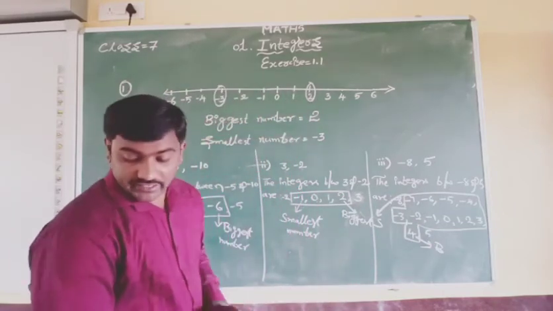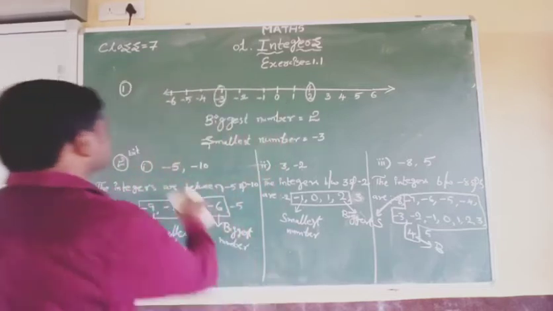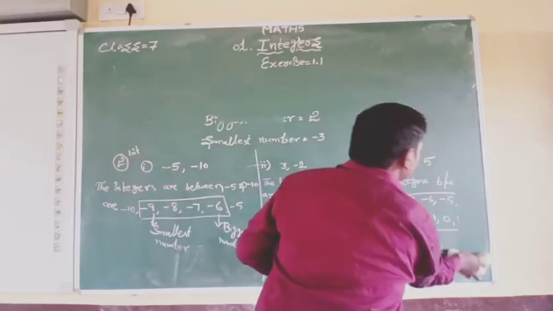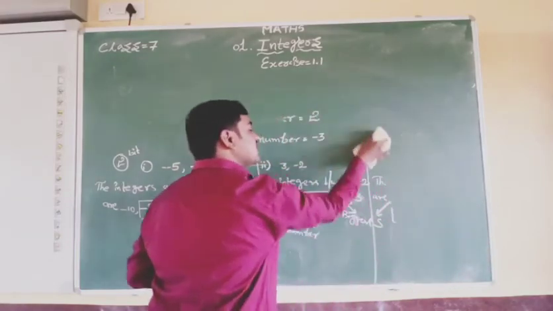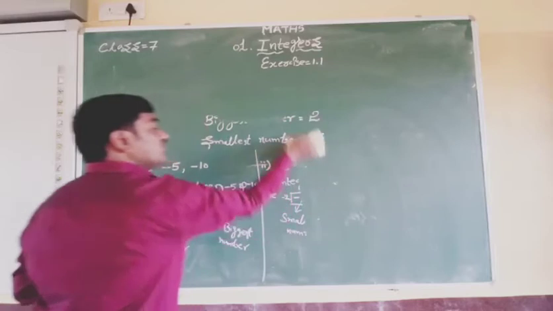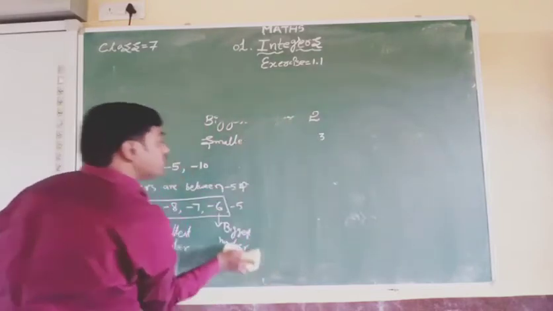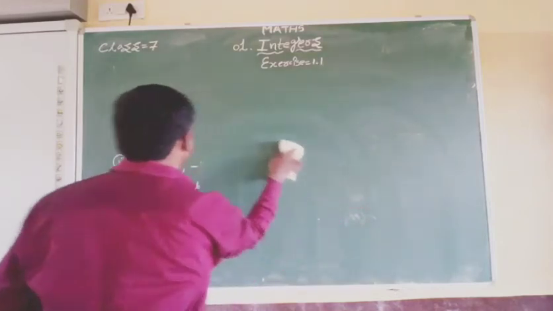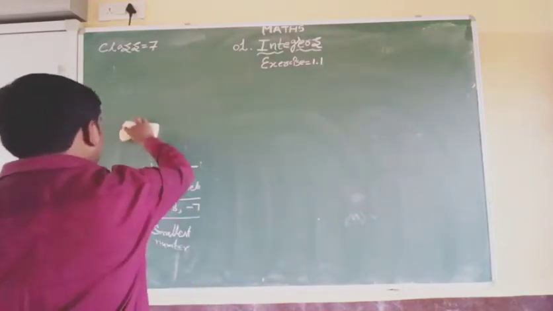Let's go for the next bit. We have ascending order and descending order of the integers. When you can do these problems, ascending order or descending order of the integers, if you know how to compare the integers, then you can do them very easily.